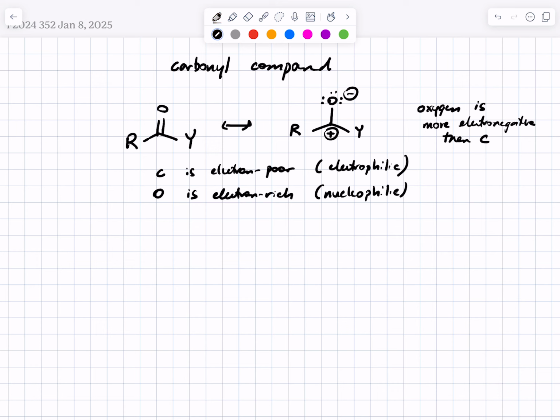If I were to have a nucleophile and it were going to attack the carbonyl compound as an electrophile, where should I draw my arrow from the nucleophile? To where? To the carbonyl carbon, right? Okay. It doesn't matter which resonance structure I choose.